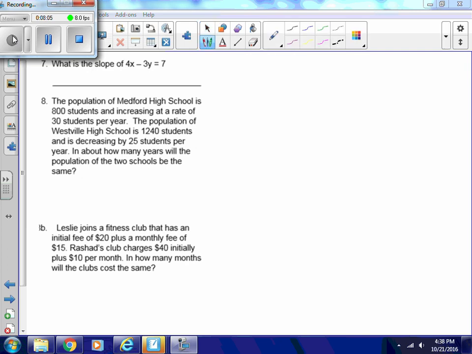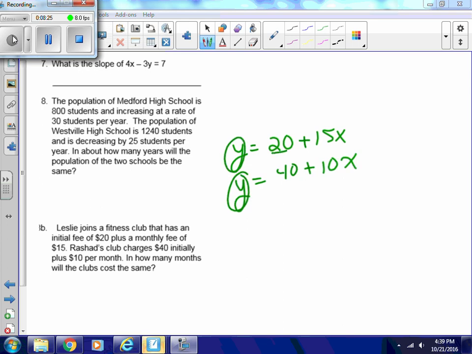For Leslie, we know that she's got $20 plus a monthly fee of $15 per month. And for Rashad, we know that his costs are $40 plus $10 per month. If we want the costs to be the same, then we'd like to set those two amounts equal. So 20 plus 15x will equal 40 plus 10x.